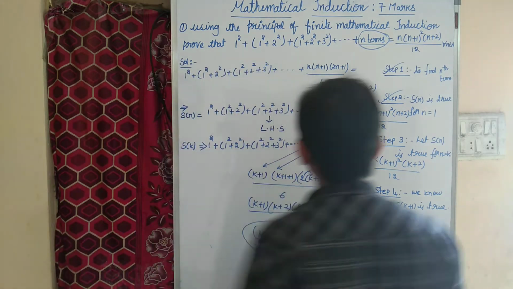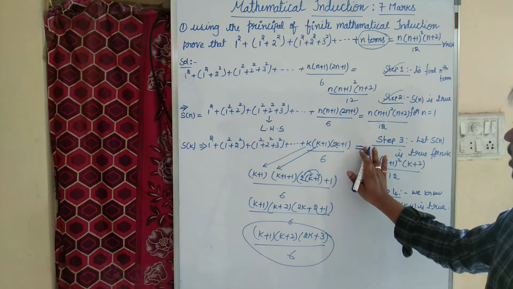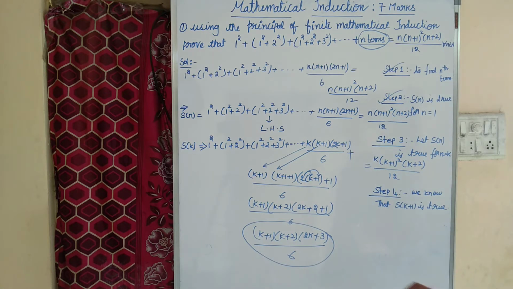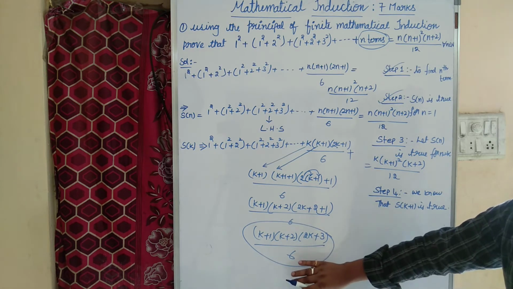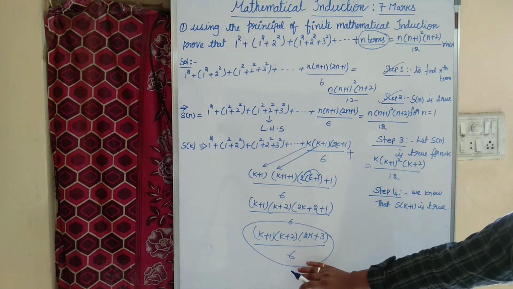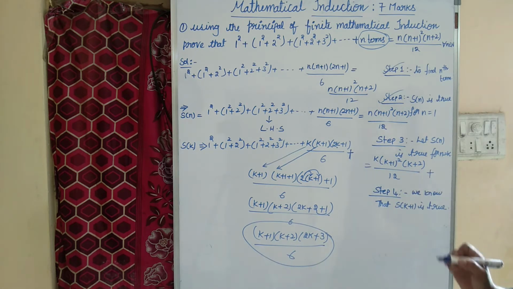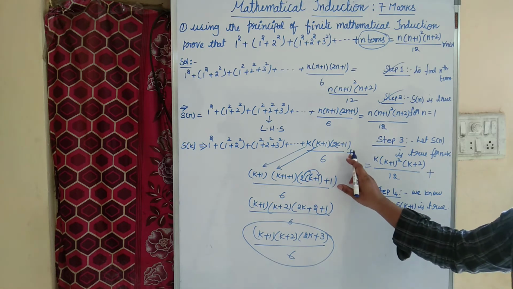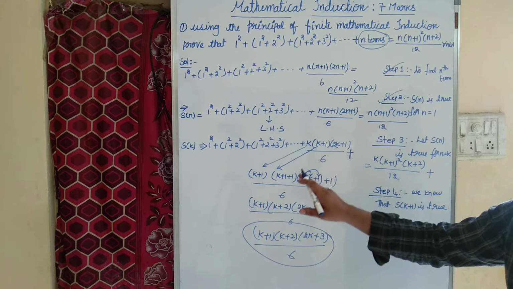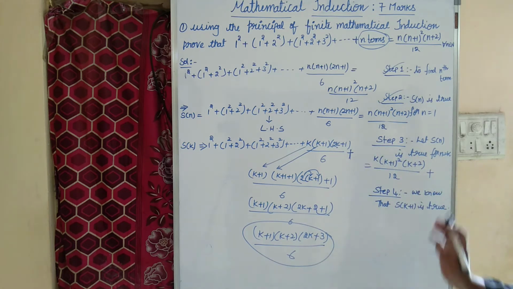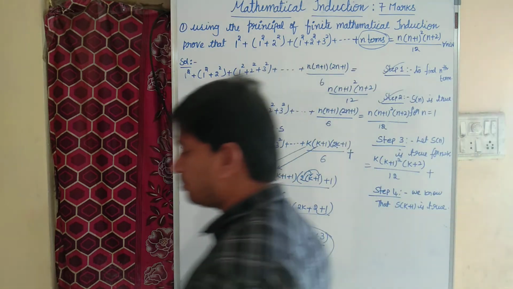That we need to add on both LHS as well as RHS. Is it clear, students? In place of k we substituted k plus 1, we got this value that we need to add to the left hand side as well as the right hand side. Okay, let me add.